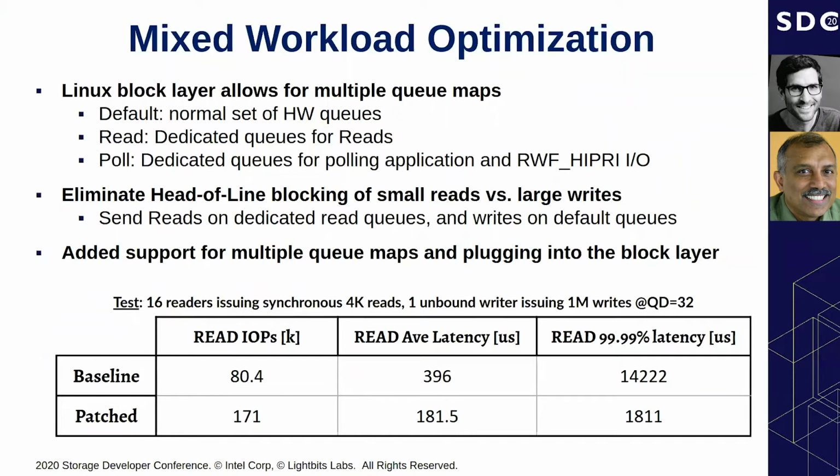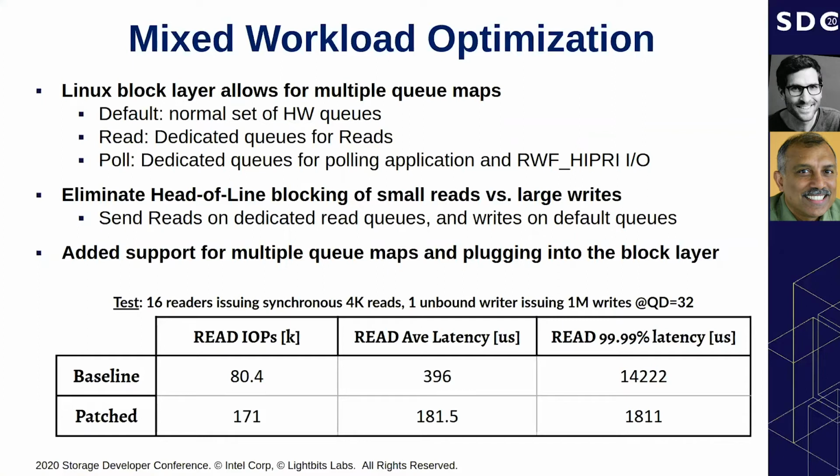So first, I want to revisit the head of line blocking and the mixed workload problem that we alluded to before. We talked about the fact that the messaging interface on top of TCP/IP mandates that if you start a request that transfers data, you can't have other small reads bypassing long and large writes.